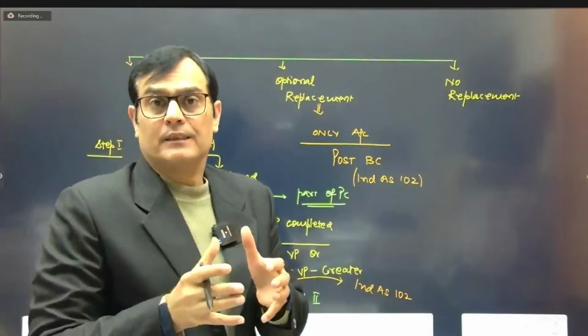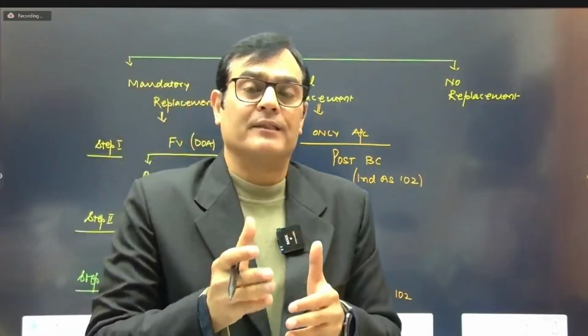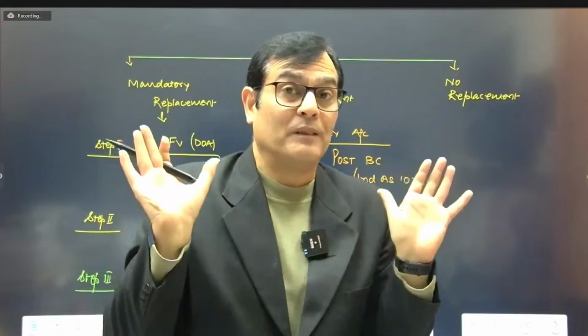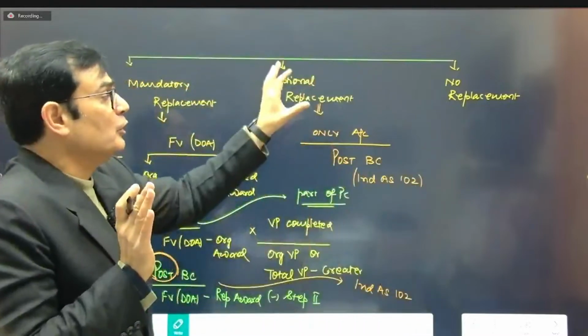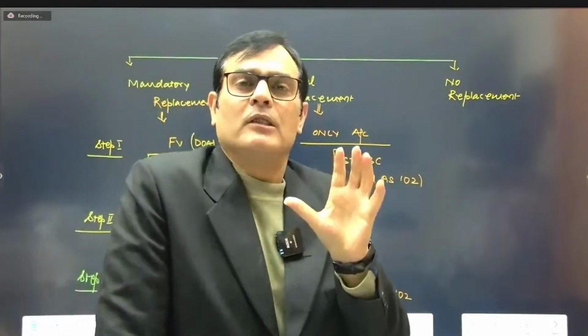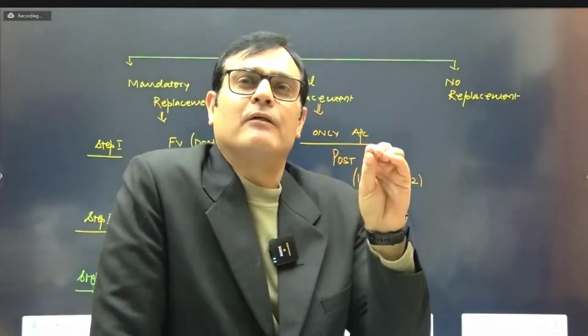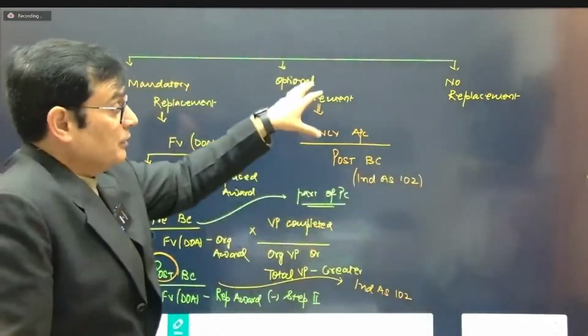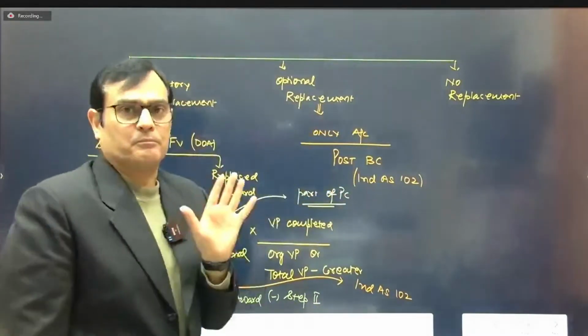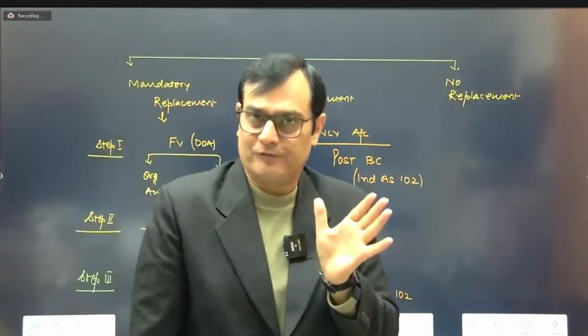So if the acquirer is making a replacement though he's not required to, there is no impact on the acquisition accounting, and we will tell him that he is going to account for the fair value of the replaced awards in the post-business combination period itself.